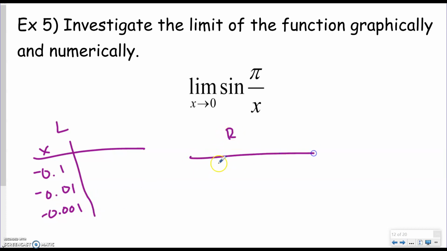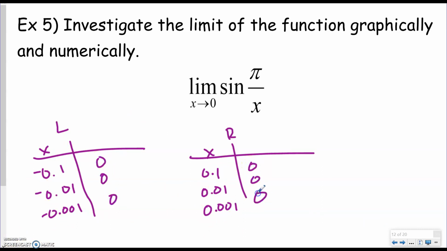And on the right side, I'm going to do 0.1, 0.01, and 0.001. So we're going to go ahead and do that and see what we get. So if you take and plug all of these values into your calculators, you're going to get results that look like this. 0, 0, 0, 0, 0, 0.